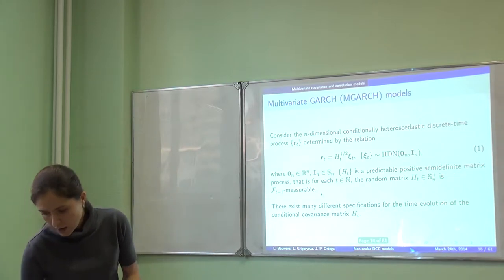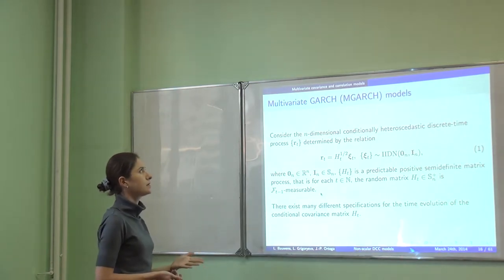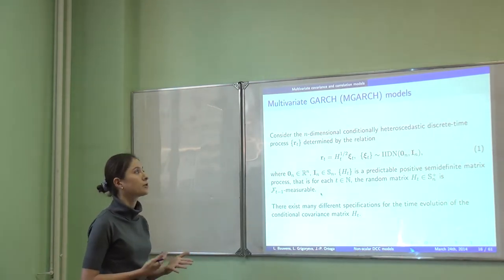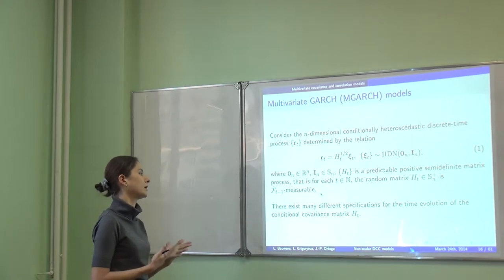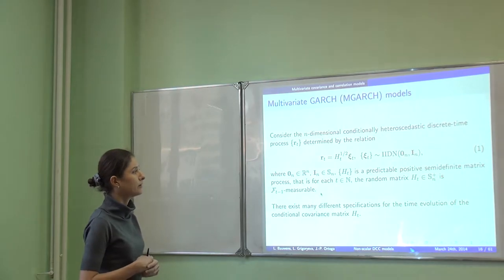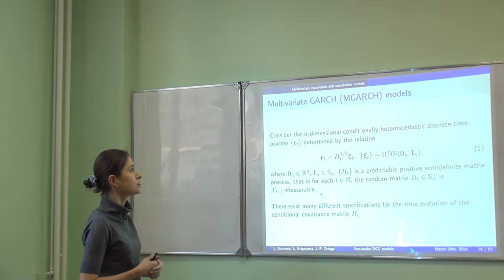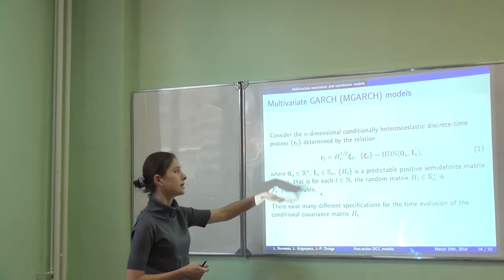So what we would like to put forward in this context is the use of multivariate GARCH models, which we believe perform much better in this setup, and can also be applied in the tasks I just mentioned. So let's take a general setup.